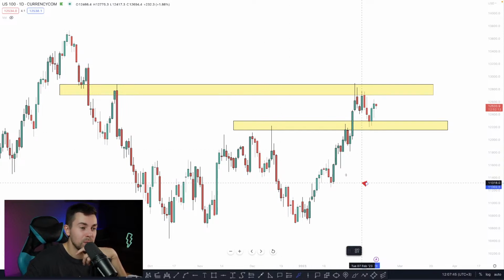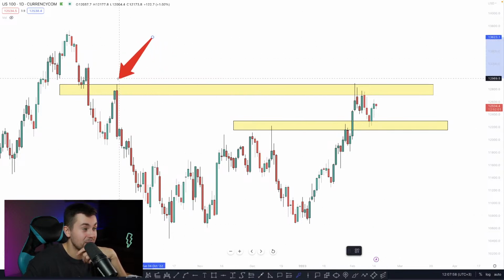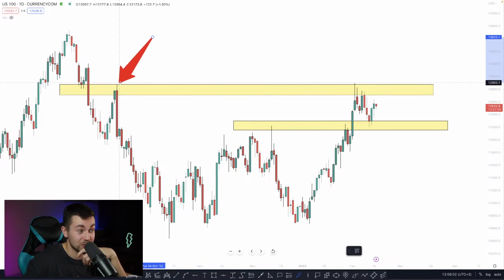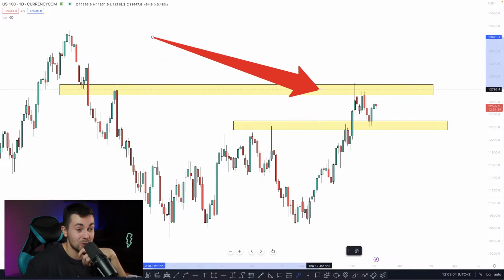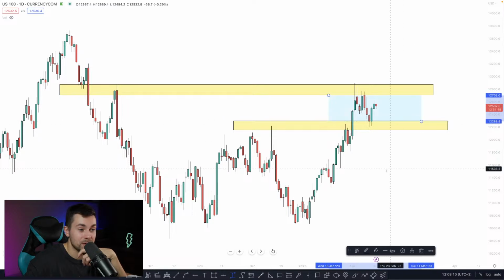From one side, we have that key structure support. That was a very strong resistance in the past, but that turned into support after a breakout. And then after that, the price has nicely respected that support. We have a very strong structure resistance right here, and technically speaking, we have a range right here.